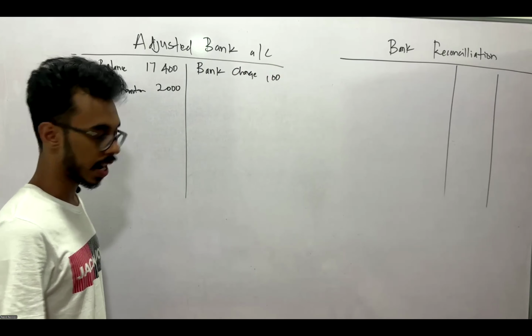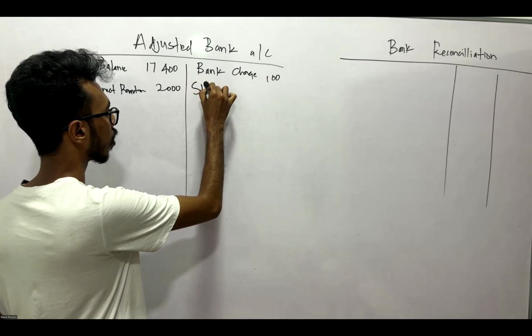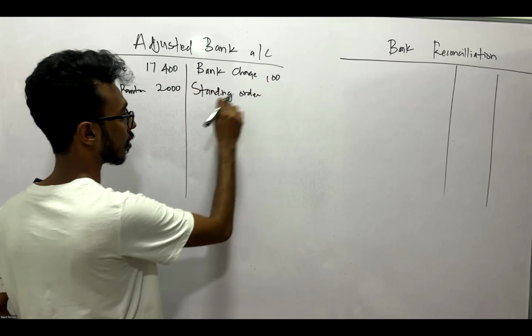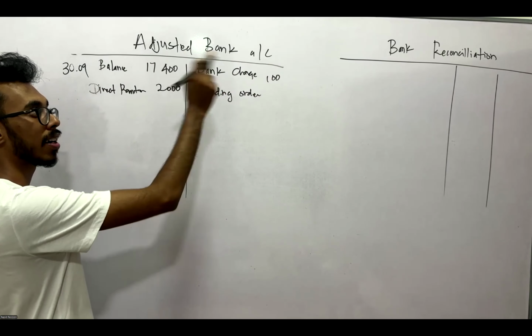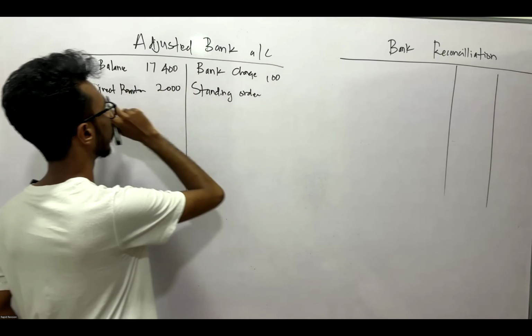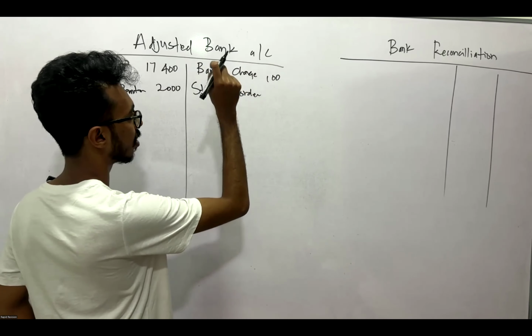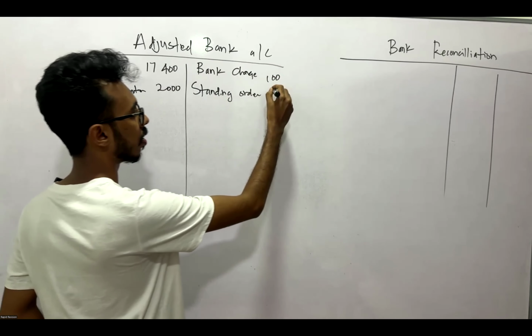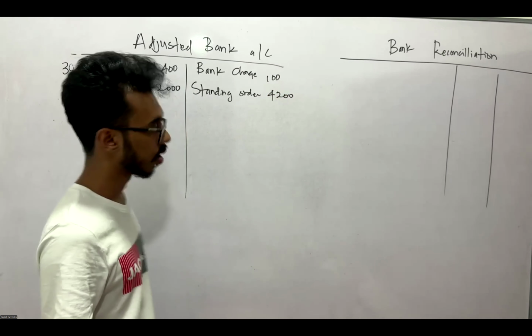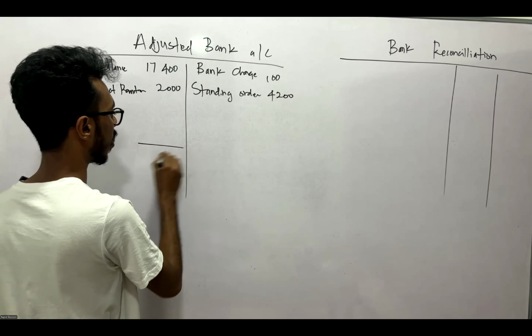And then there is a standing order. Because standing orders are also a reason why the bank account and the bank statement are not matching. The direct remittance, bank charge and standing order are other reasons. 4,200. Yes. Then now we have to take the balance of this.